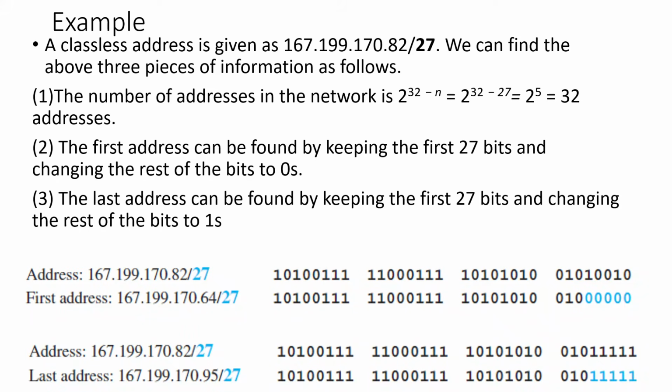So for the first address in this block, what do you have to do? You have to keep the n, now n is equal to the prefix length, which is 27. So you have to keep the leftmost 27 bits as they are. So which ones are the leftmost 27 bits?